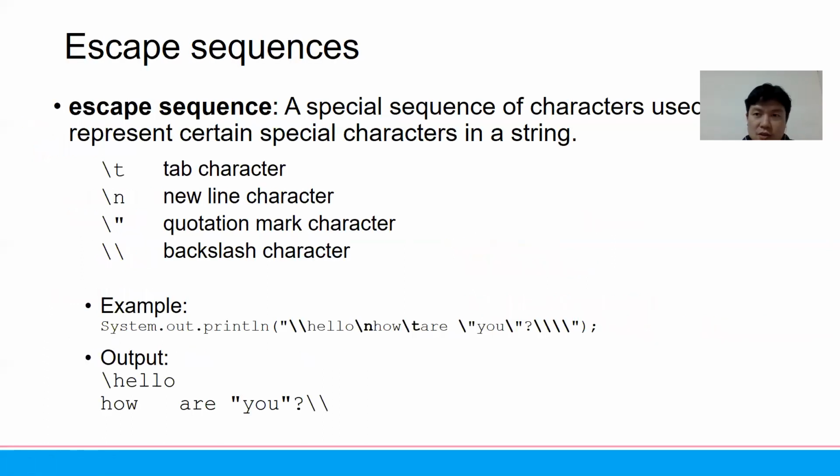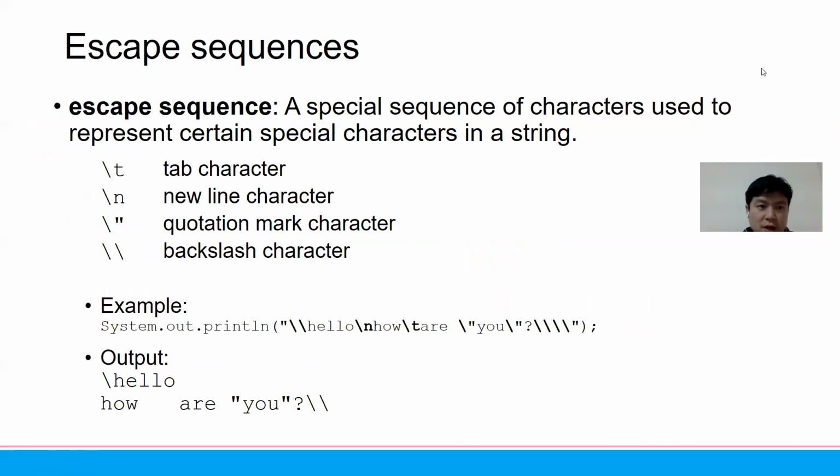The other thing that you need to understand for printing is the escape sequence. It is a special sequence of characters used to represent certain special characters in a string. We have four special sequences. There are actually many more, but I would like to explain four first.